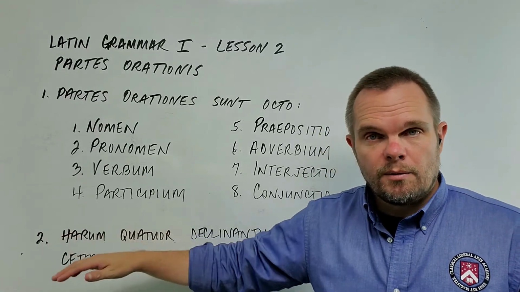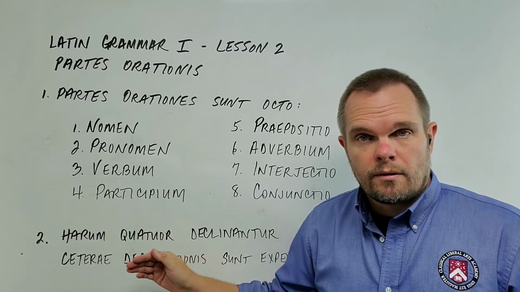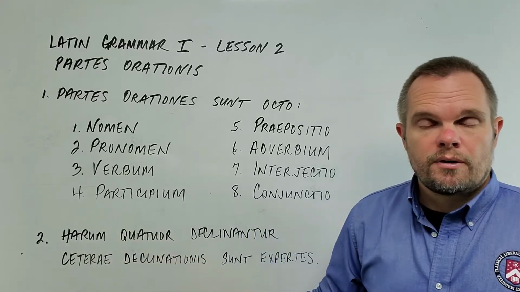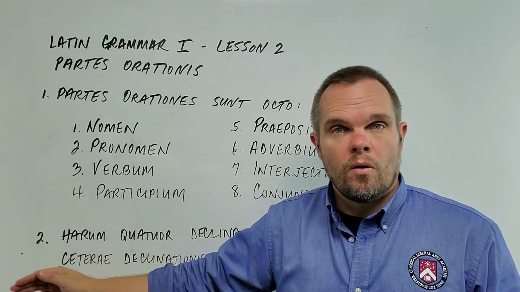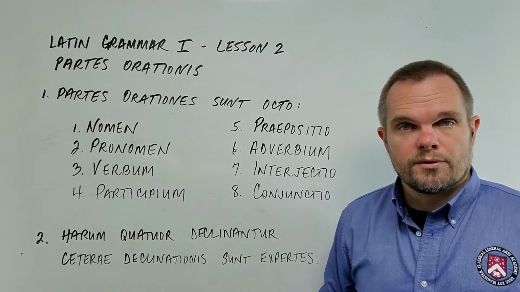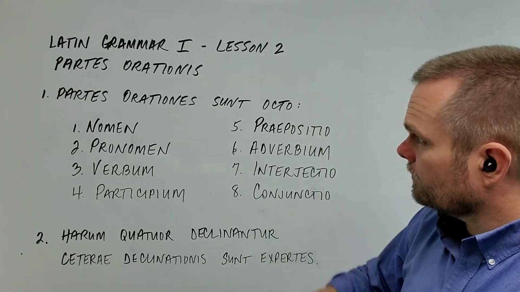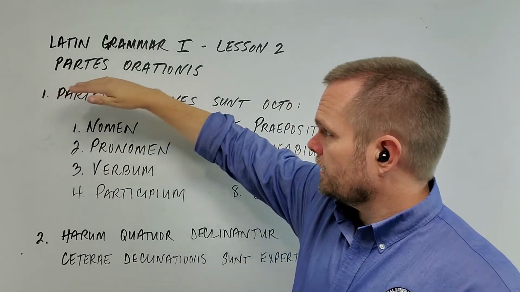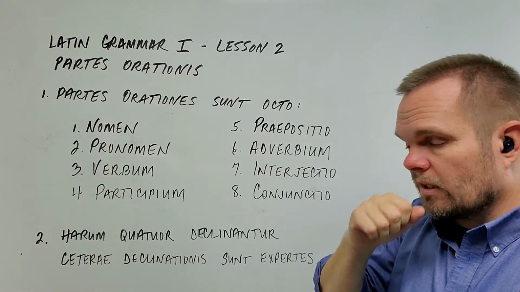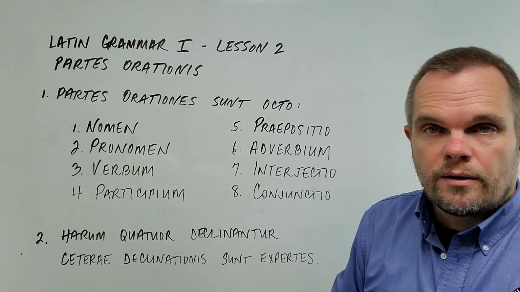We learned that a syllable is made out of letters, that a word, or dictio, is made out of syllables, and that a speech, oratio, is made out of words, ex dictionibus. We learned all that in lesson 1, and here we learn the partes orationis, the parts of speech. Lesson 1 might be considered the parts of words. Lesson 2, the parts of speech.